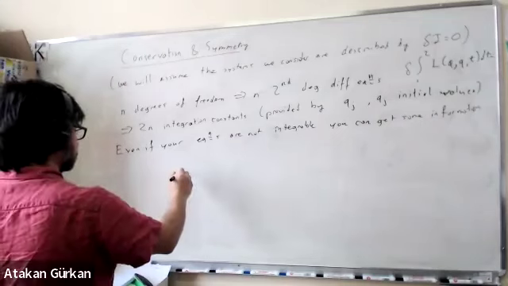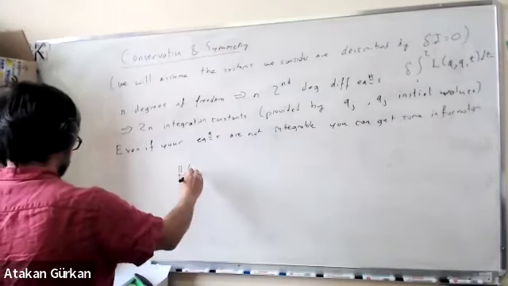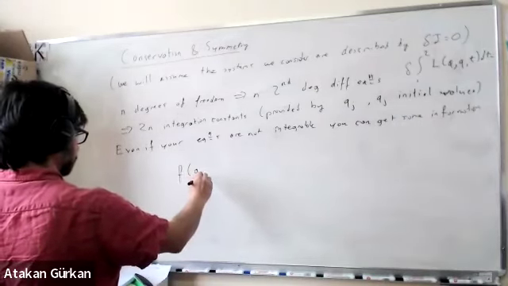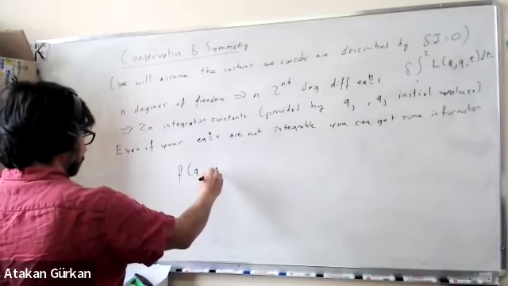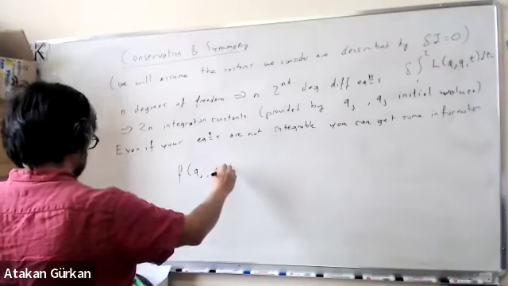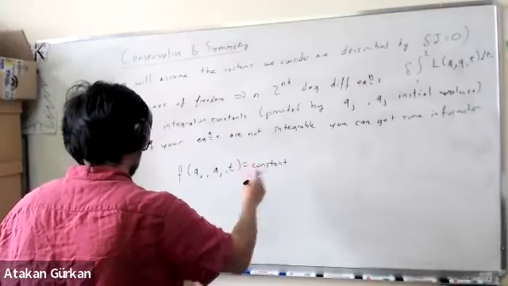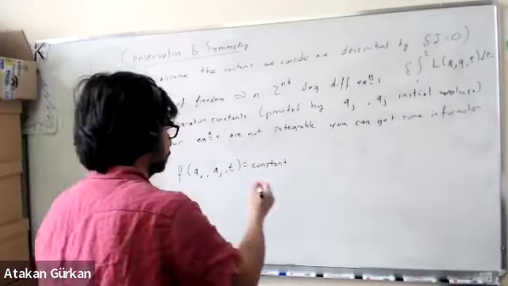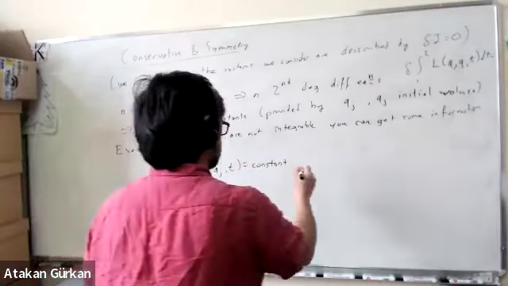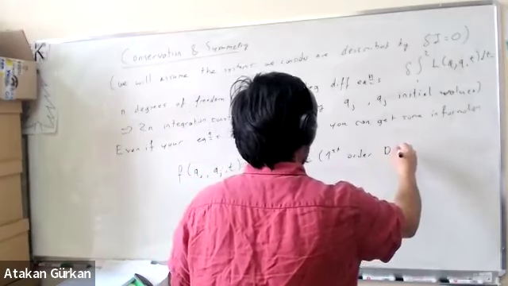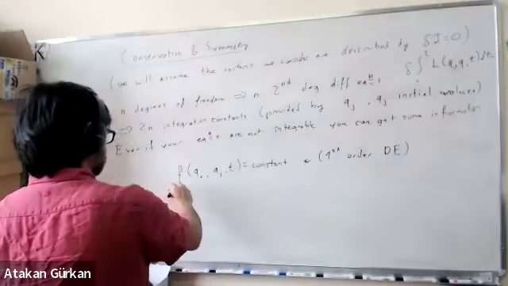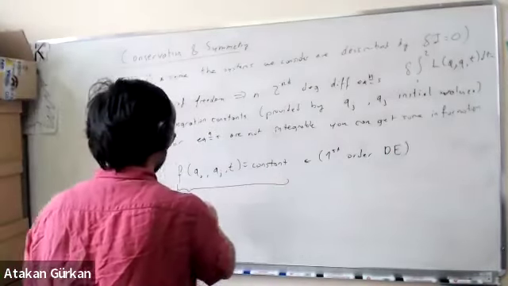So we can get things like that. Let's say a function of q_i, q_j, q_j dot, and t is constant. Okay. So this is a first order differential equation. This is called the first integral.